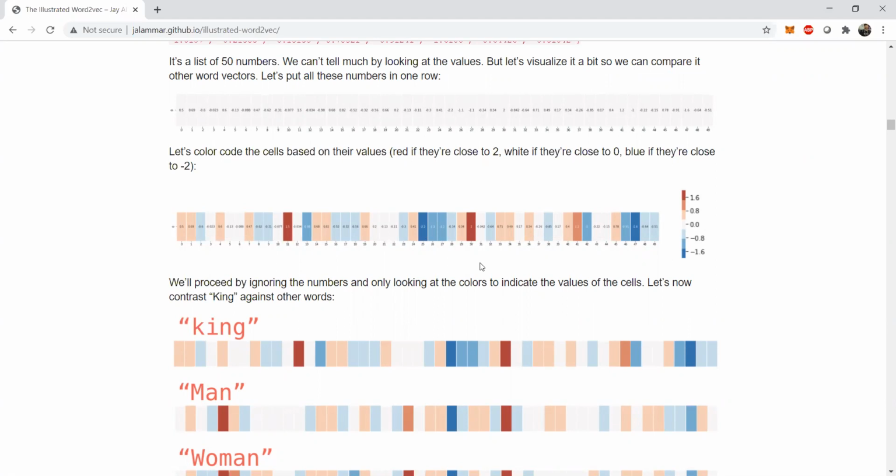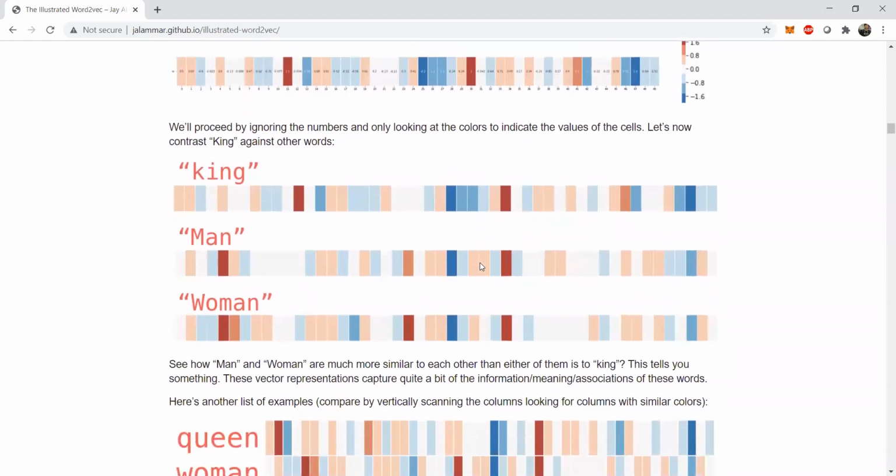Now, why is this important? Because we may not be able to perceive by numbers how similar two vectors are, but by colors, we are easily able to perceive the degree of similarity, or the degree of dissimilarity, between two or three different words. So in this example, king, man, and woman are three different words, and we can see the color contrast of each of these words.